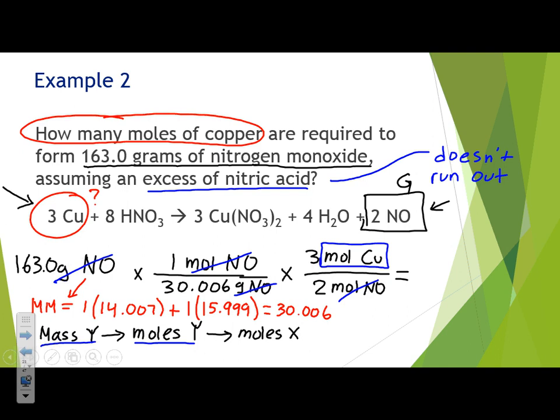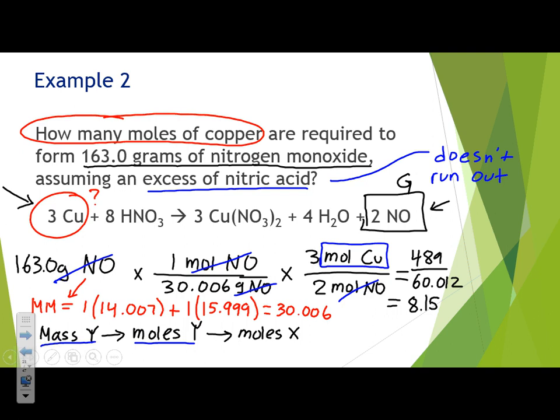So if we go ahead and solve this through, on the top, we have 489. On the bottom, we have 60.012. Performing the division gives us approximately 8.15.